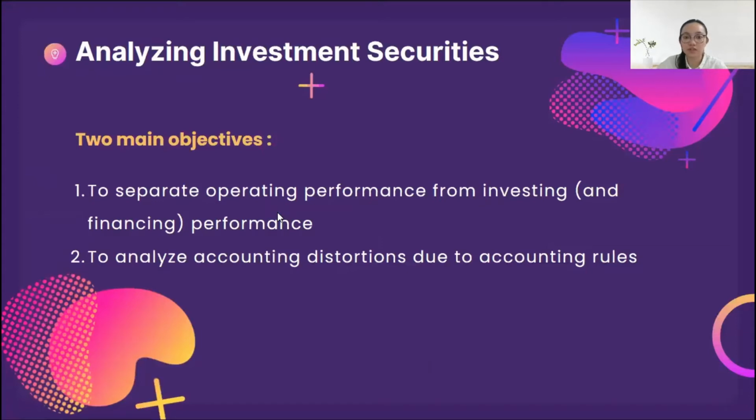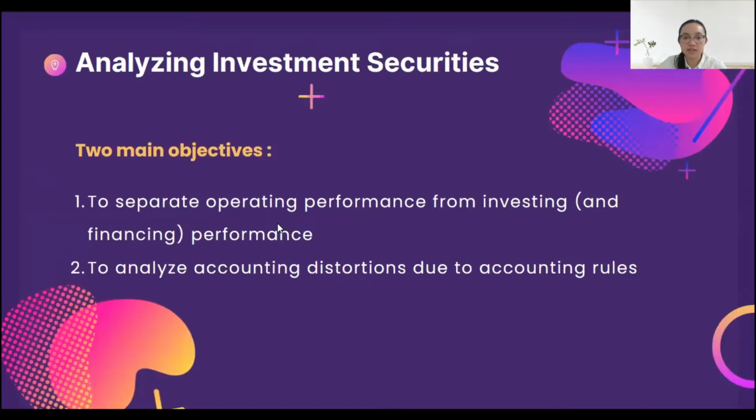Analyzing investment securities. Analyzing investment securities has at least two main objectives. The first one is to separate operating performance from investing performance. The operating and investing performance of a company must be separately analyzed, because a company's investing performance can distort its true operating performance.